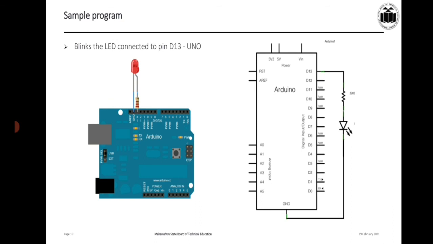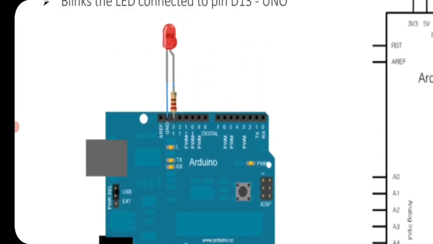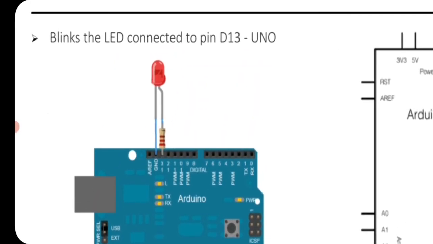Now we'll see interfacing example of LED to Arduino. In this, we turn on and off LED connected to pin number 13. You will see here the LED is connected to pin number 13.